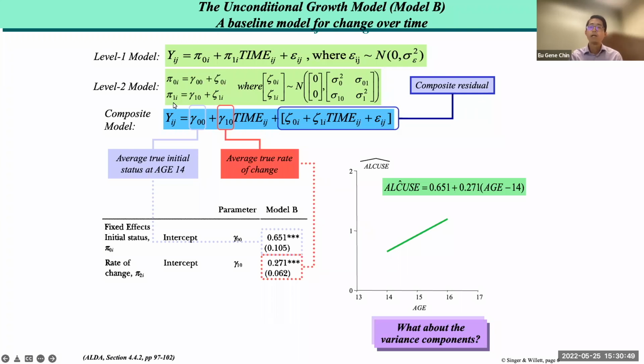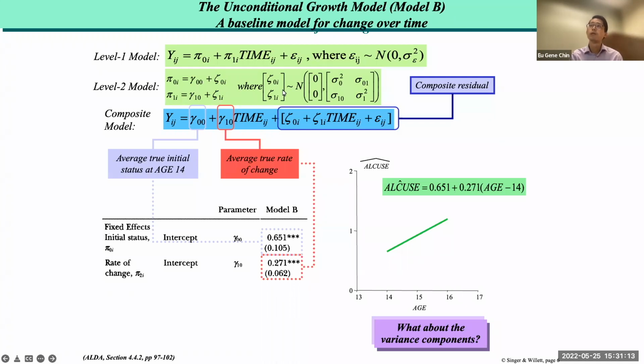Pi subscript 1i, which is the estimated true change in alcohol use per unit of time for the individual's change trajectory, is a function of gamma subscript 10, which is the estimated slope of the population average change trajectory, plus deviations from this estimated slope of the population average change trajectory, captured by zeta subscript 1i.